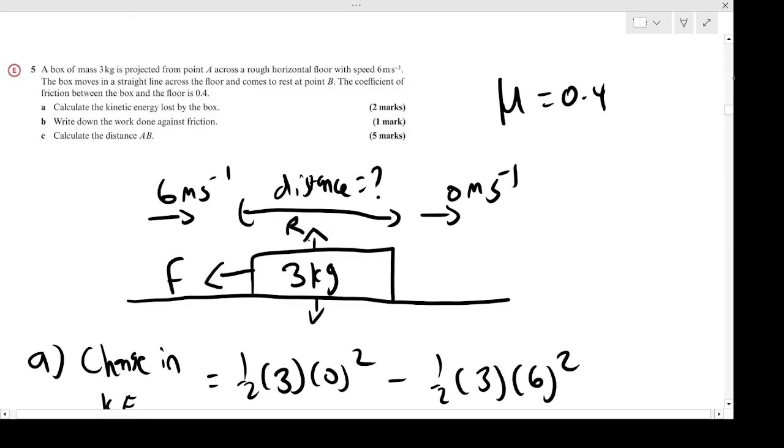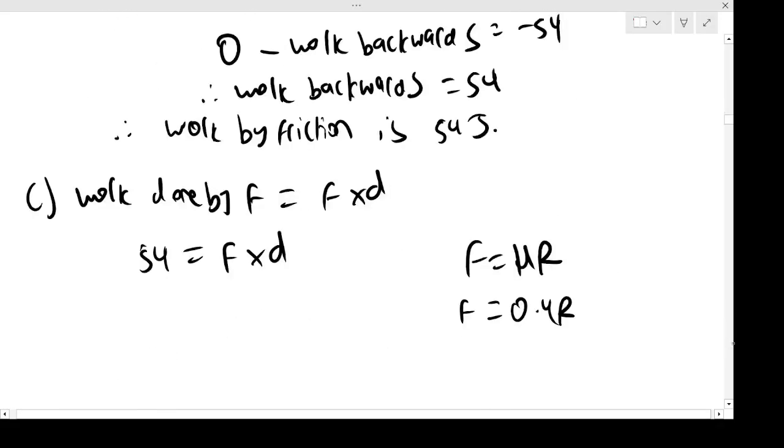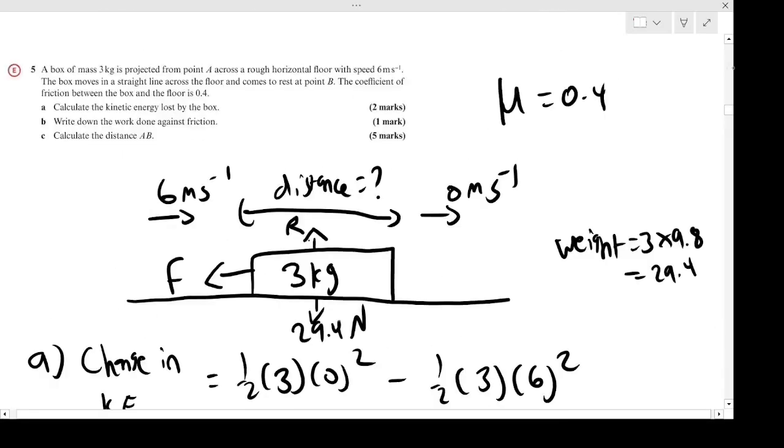Then I've got a weight. Now the weight is going to be, again, 3 times G, or 3 times 9.8, mass times G. And that will get me 29.4 newtons. Then if I look at the upward and downward forces, resolving that, the upward force is the reaction, take away the downward force of 29.4.